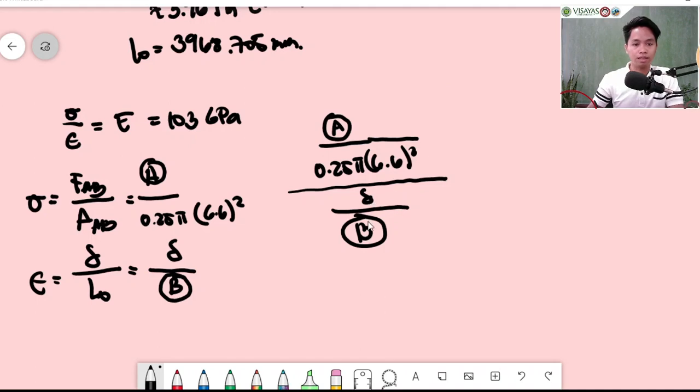Strain is unitless. So the deformation would come out in millimeters. If this is MPa, this equals 103 converted to 103,000 megapascal.